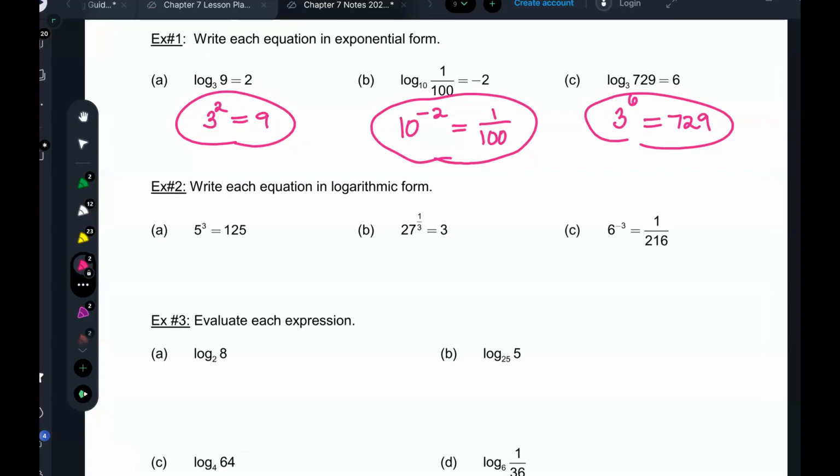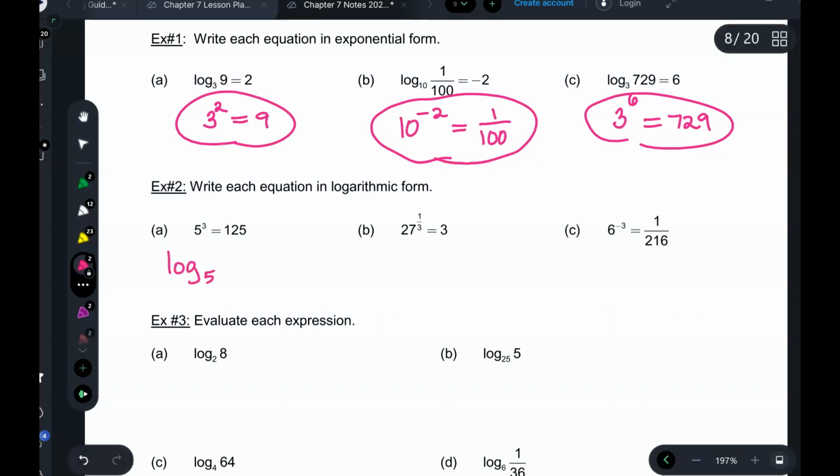Okay, now let's take something in exponential form and rewrite it in logarithmic form. So we're going to have log base 5 of 125 equals 3. That's all you have to write.